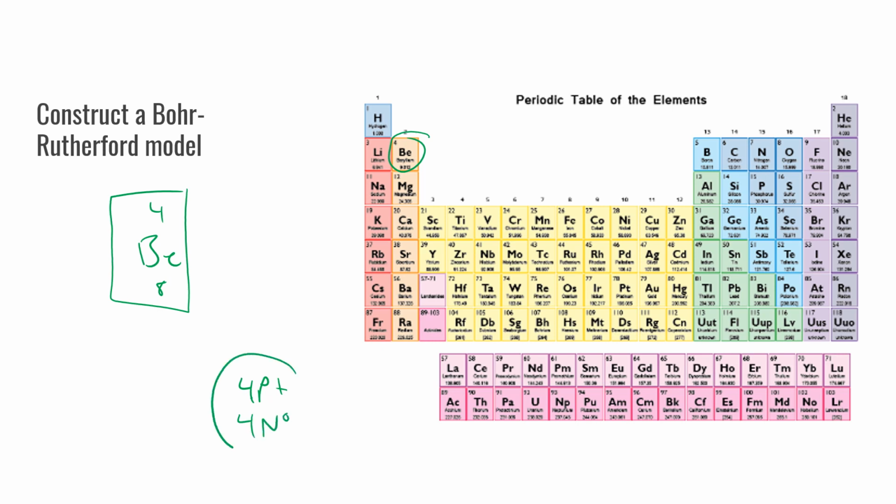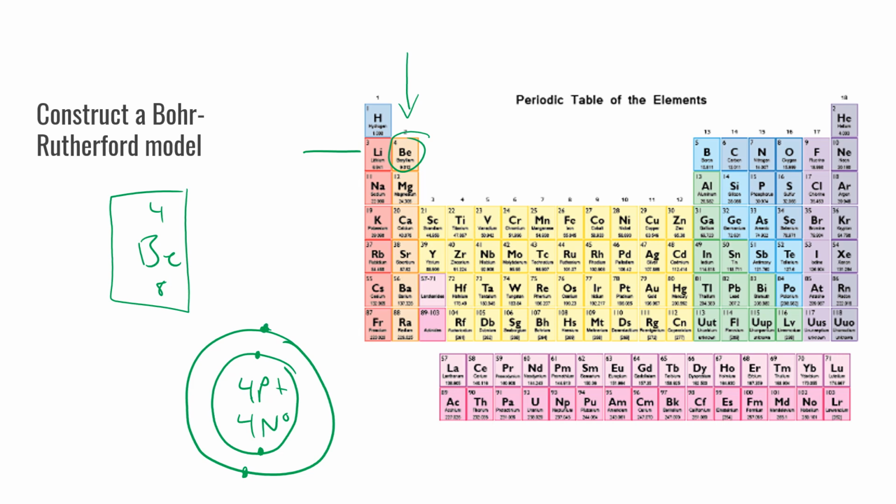I'm going to make 2 circles here. And then as I place my electrons, I'm going to have 2 on the first circle and 2 on the second circle. I'm in that second period, so I know I have 2 electron clouds. And I'm in group 2, so I have 2 valence electrons. There we go, there's the second valence electron. That looks better.